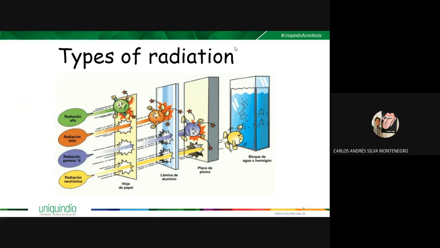And okay, the third is the gamma. This is very dangerous in high quantities, but it is used in hospitals for X-rays. We can stop it with lead. And the final one is the neutron. This is very dangerous.